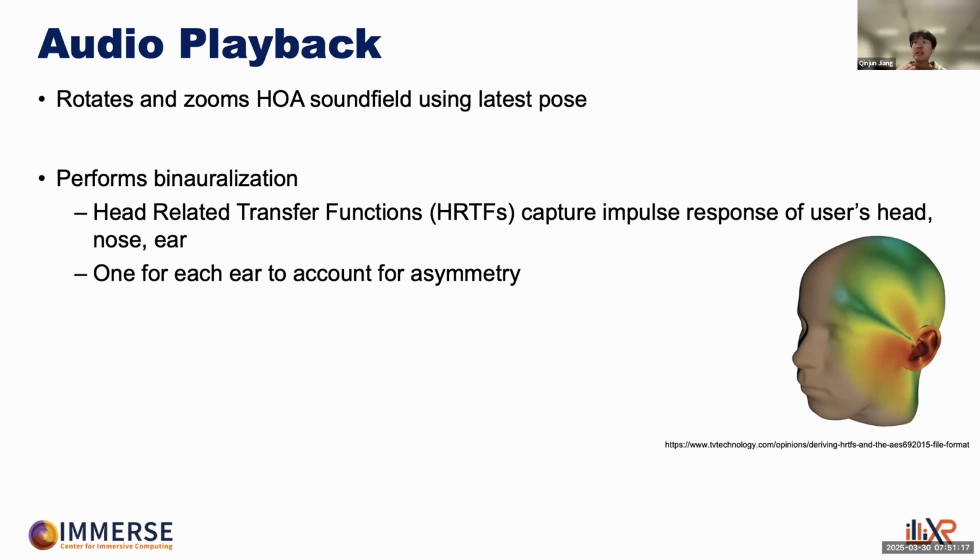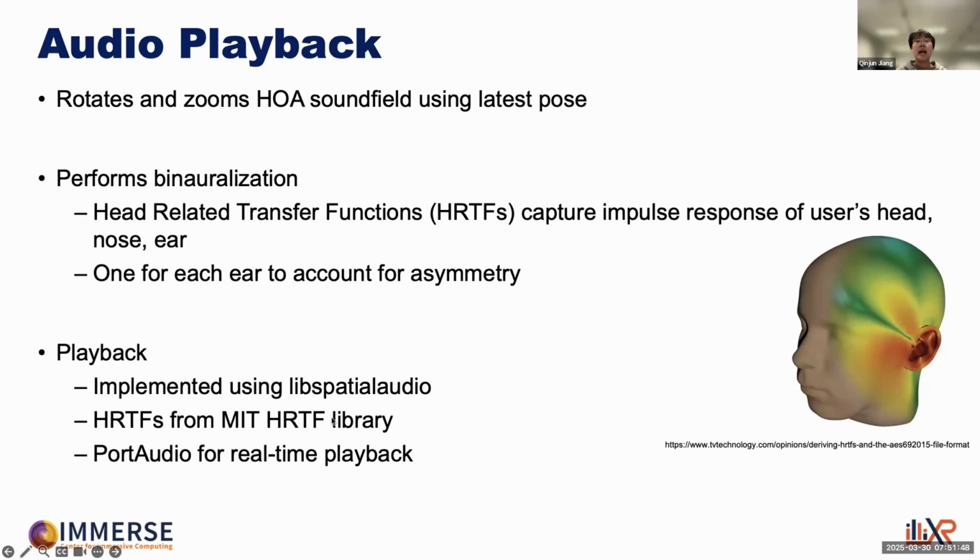So we need another process of binauralization that maps the virtual sound field to the headphones and earphones. The idea is to mimic the way that sound actually interacts with the user's head, ears, and nose, right? This is done by something called head-related transfer functions, or HRTFs, which capture the impulse response of how the user's head, nose, and ears actually change the sound.